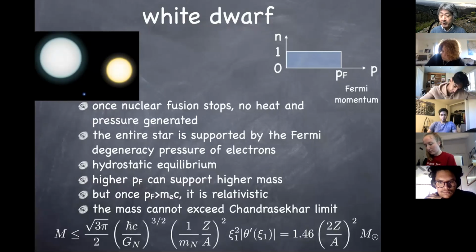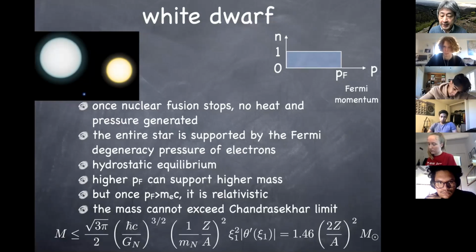But instead of talking about this real calculation, what you notice here is that the mass of the star is comparable to the mass of the sun. So this M-sun symbol is actually the mass of the sun. That's a notation. It is given by fundamental constants like h bar because it's quantum mechanics, c because of relativity, G, Newton's constant, because the pressure has to compete with gravity, and the mass of the proton or neutron.